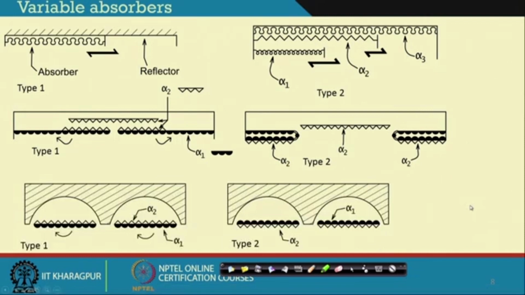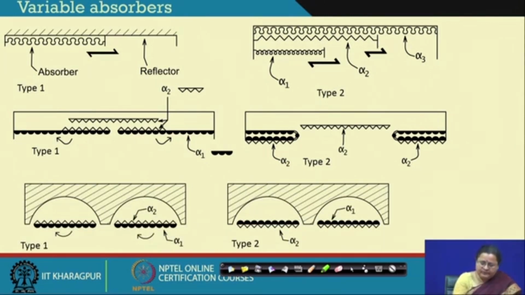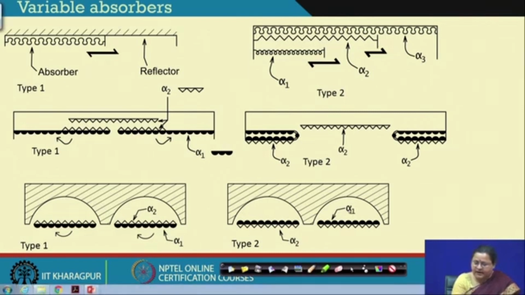You can have another type, you can have rotating things. See, on the upper side, which is not exposed, is alpha 1, and outside you have alpha 2. In the first case, it was alpha 1 outside and alpha 2 inside.